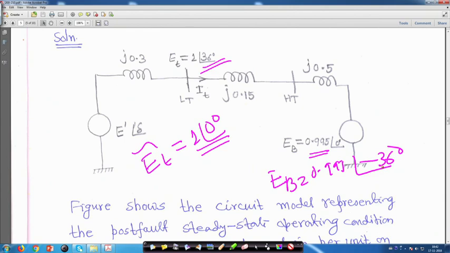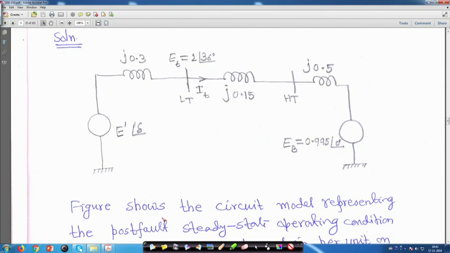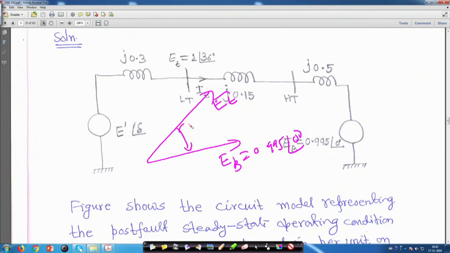Now, for further understanding, if you draw the phasor diagram, suppose this is my reference line, and this is E b equal to 0.995 angle 0 degree. Therefore, this is my E t, and this angle is 36 degree. This E t is equal to 1. Now, if you rotate the phasor and bring E t as the reference, it will go down.